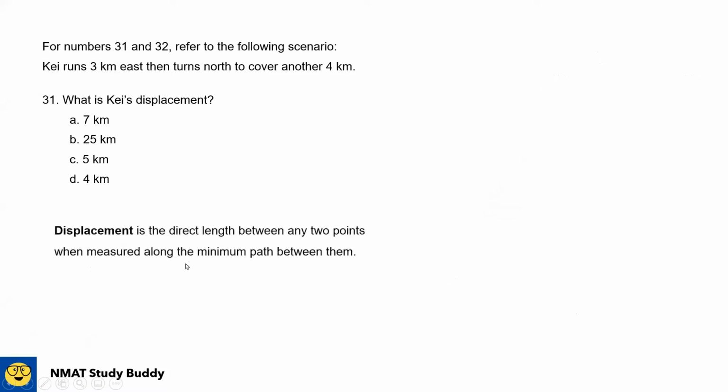So pag sinabing displacement, it is the direct length between any 2 points when measured along the minimum path between them. So ibig sabihin yung displacement is the shortest length between 2 points. So for example, kung ito yung reference point natin and dito sa gitna yung starting point, tumakbo daw si K 3 kilometers to the east.